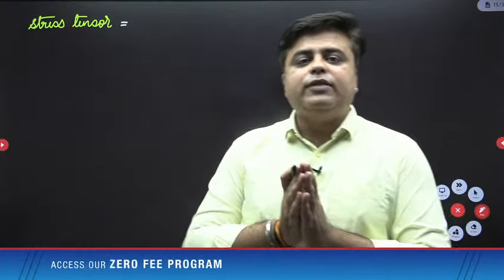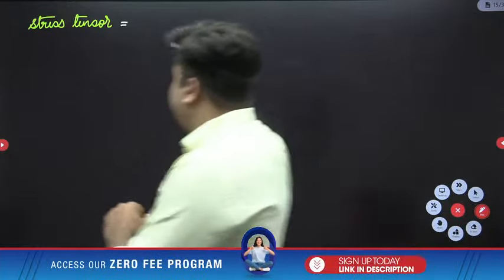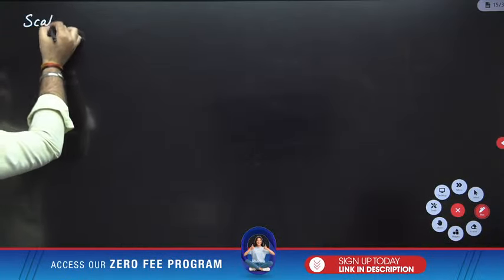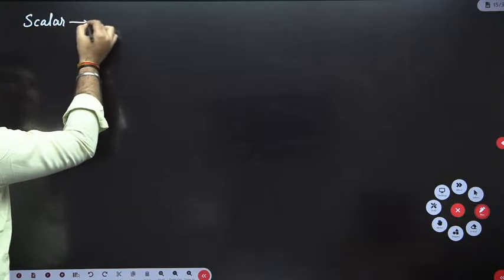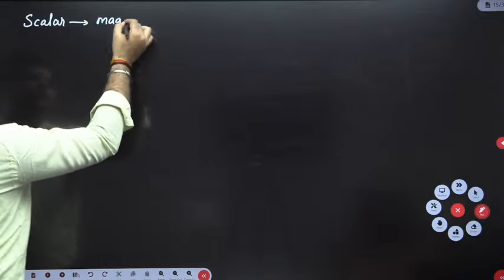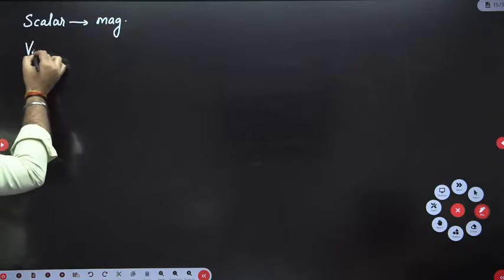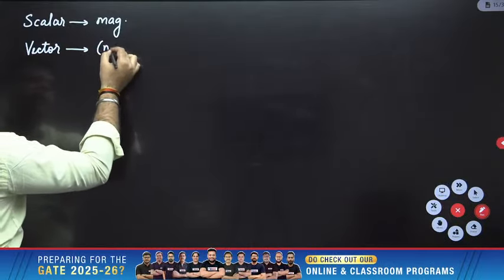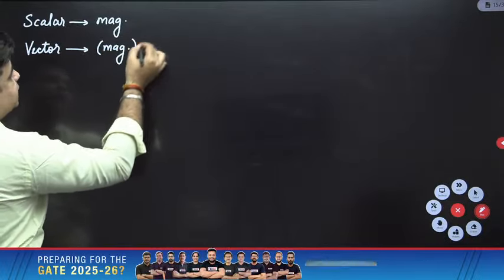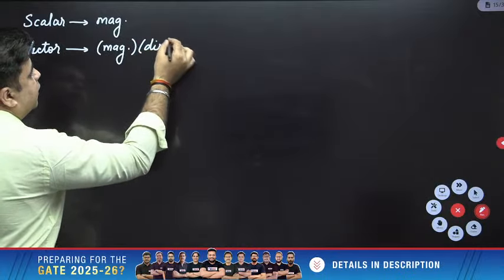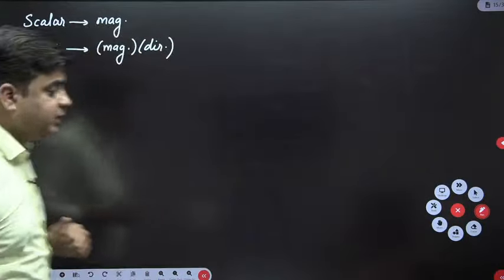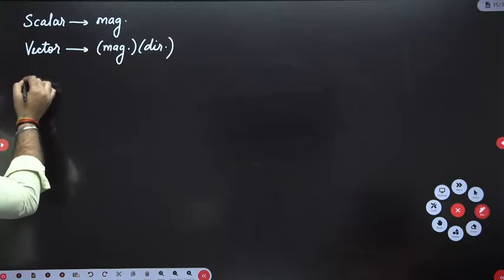The quantities which have only magnitude are termed scalar quantities. The second one is vector quantities. What are vector quantities, sir? The quantities which have a magnitude along with a direction are termed vector quantities. Now sir, what is this new thing, tensor?